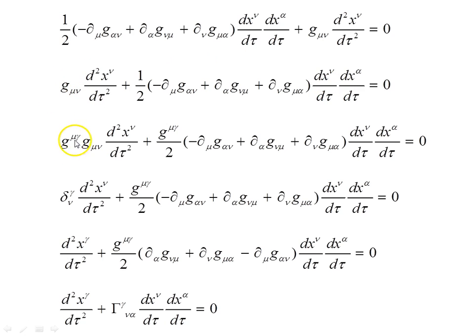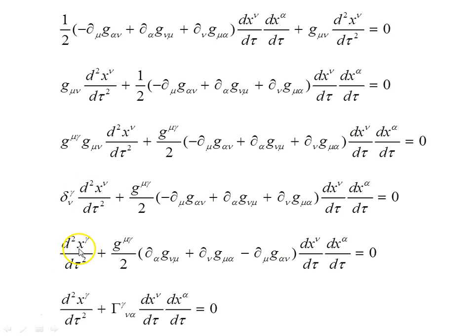Now multiply through here by the inverse metric, g superscript mu gamma, contravariant position, 2 indices there. Next line down, the Kronecker delta applies here, the gamma and the nu, and over here this is starting to look like, well, this is a Christoffel symbol of the second kind, isn't it? Times this object here. Now Kronecker delta applies, so nu is equal to gamma.